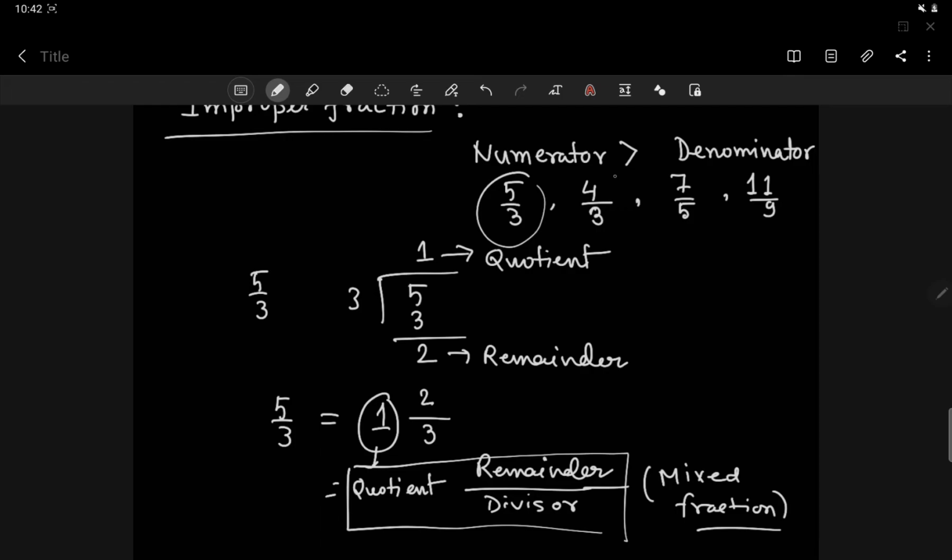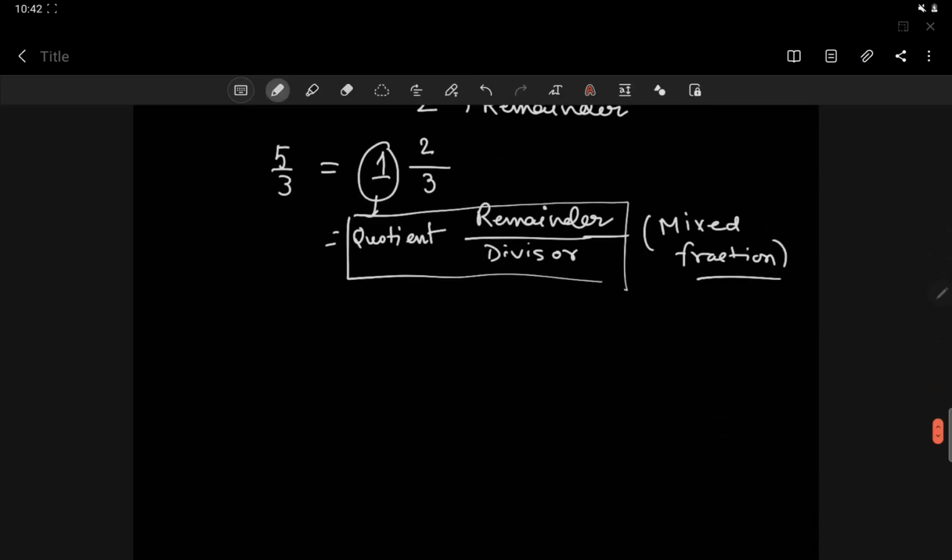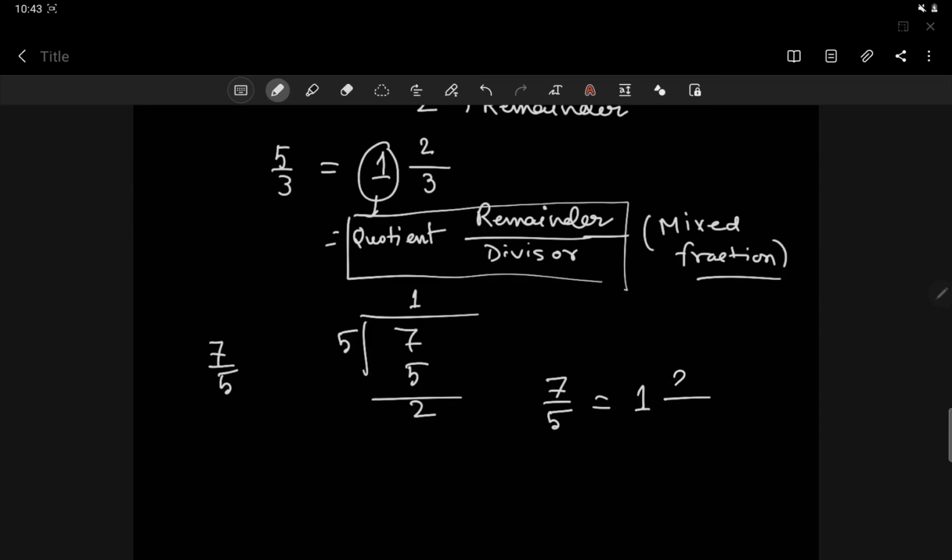Now I'm taking 7 by 5. Simply divide 7 by 5. 5 ones are 5, so 7 by 5 you can write as 1 and 2 by 5.